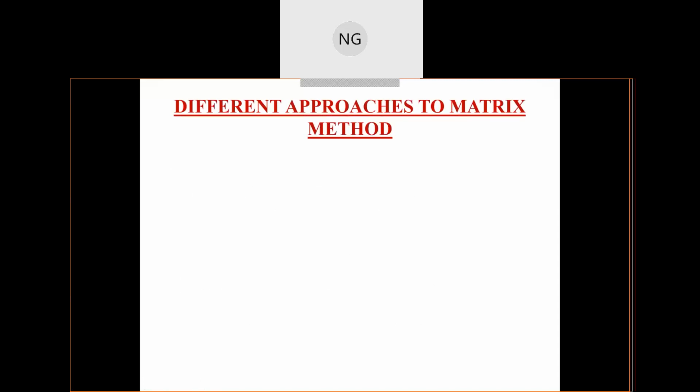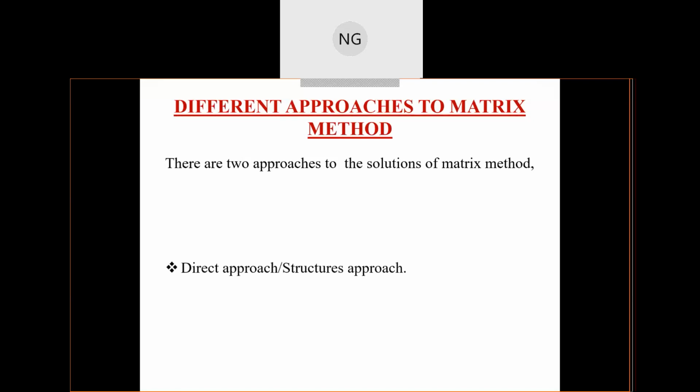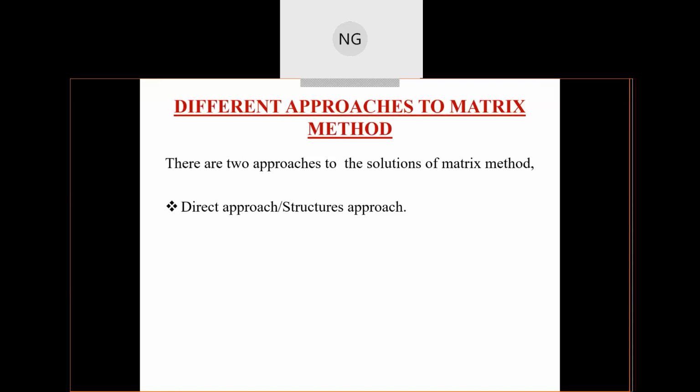Then what are the different approaches to the matrix method? There are two approaches to the solution of the matrix method. The first one is the direct approach, also called the structural approach. The second is the transformation matrix approach or element approach.